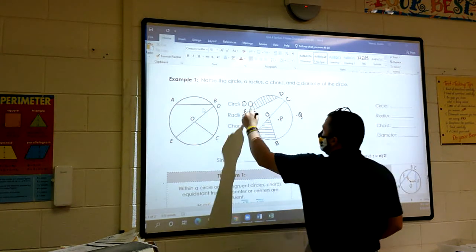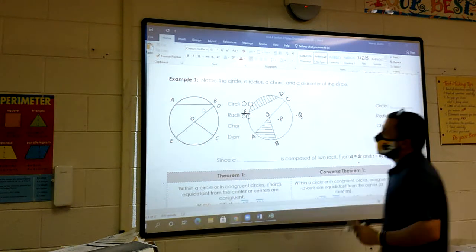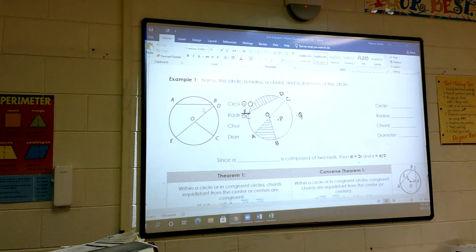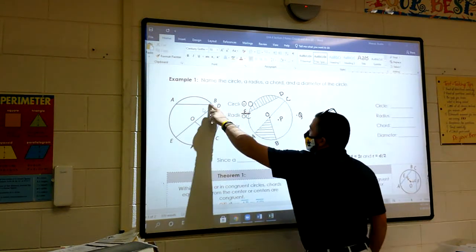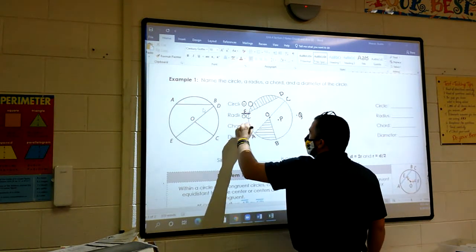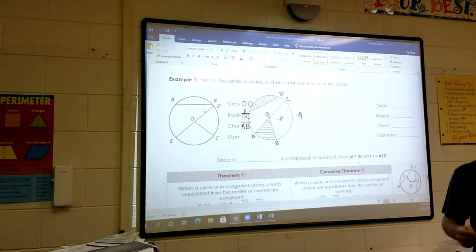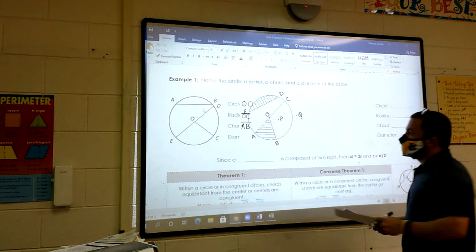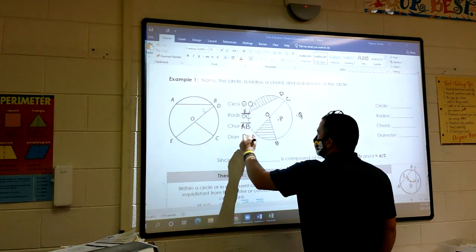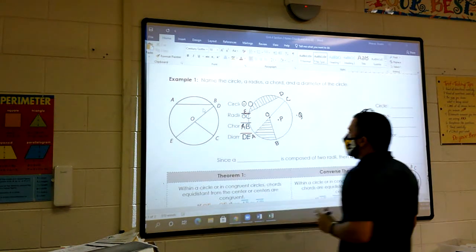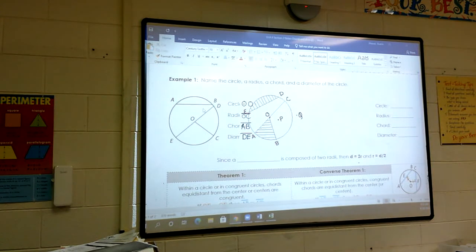That's a segment, so we put a little line over it. A chord touches two sides, touches the circle. So one up here, AB, would be a chord. And then the diameter is the one that goes directly through the center of the circle. So we say DE would be a diameter. That takes care of the first circle.